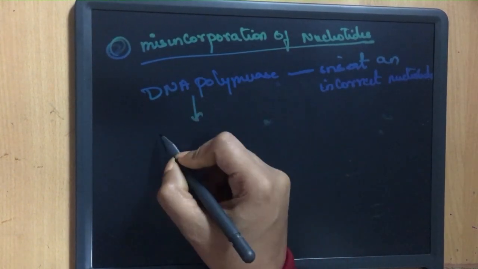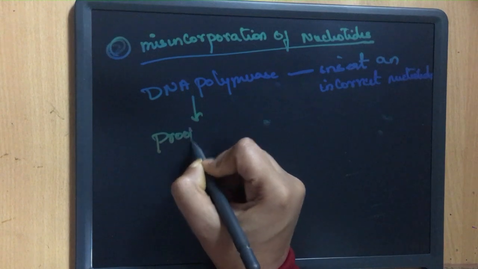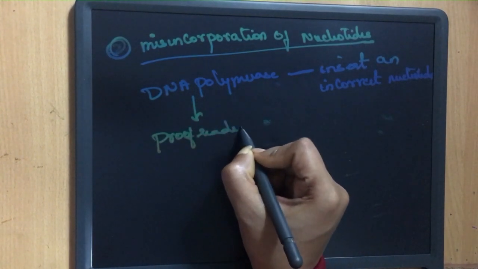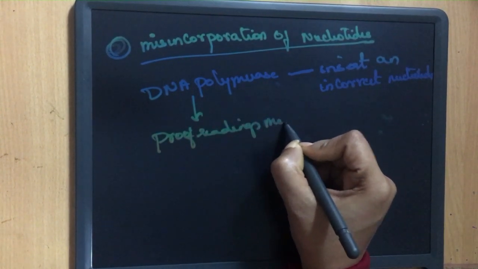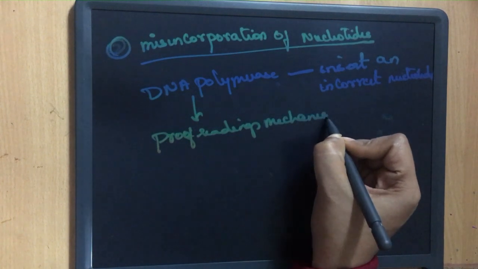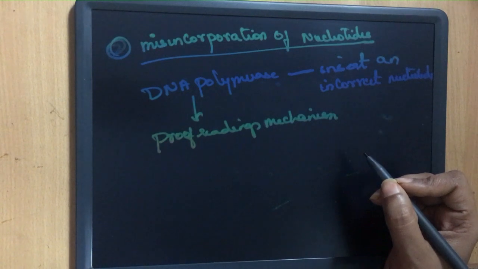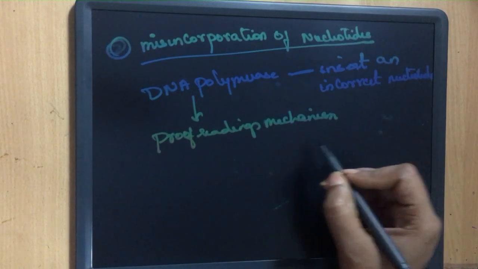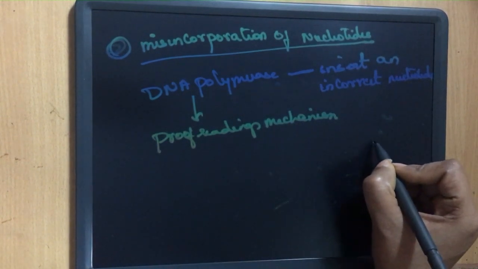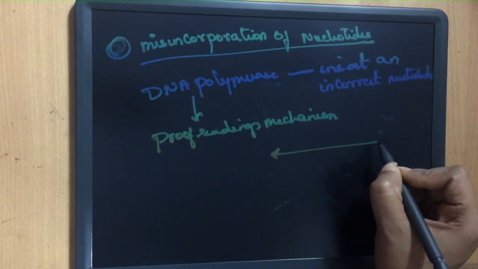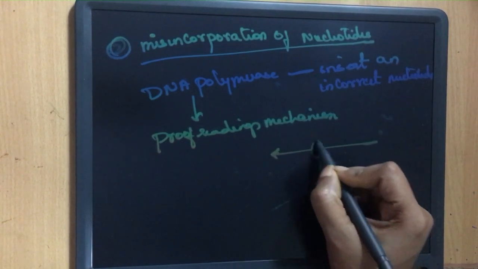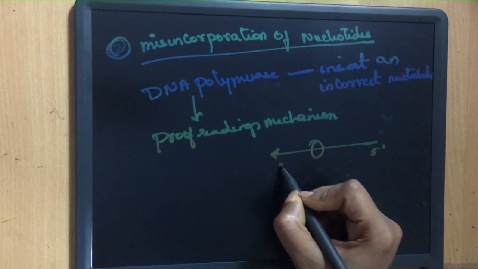We know that DNA polymerase has a proofreading mechanism. DNA polymerase has a built-in proofreading function that allows it to backtrack when it is synthesizing a new strand of DNA in 5' to 3' direction.